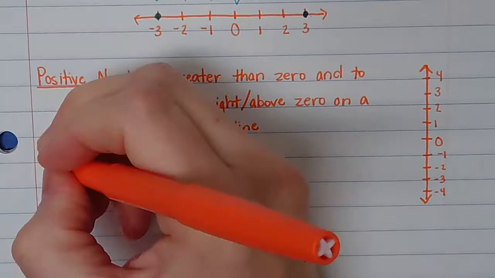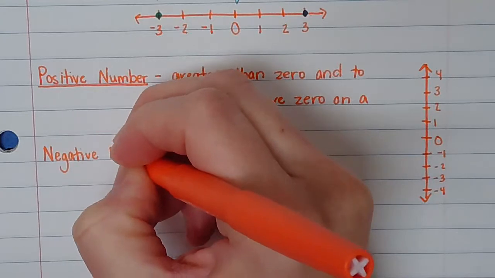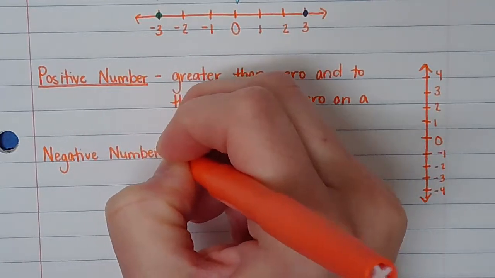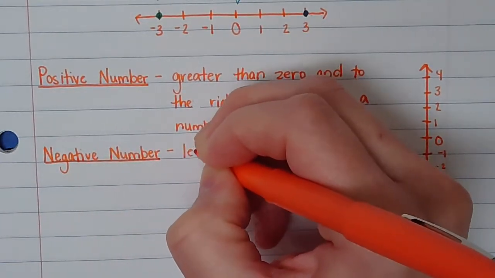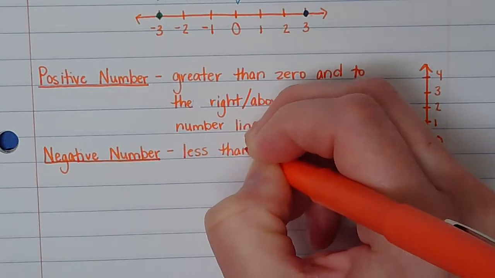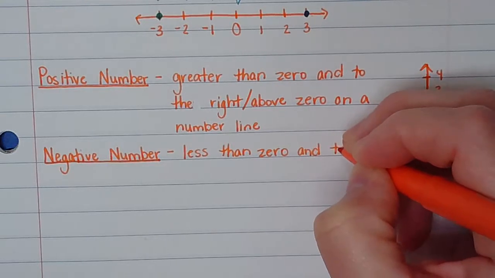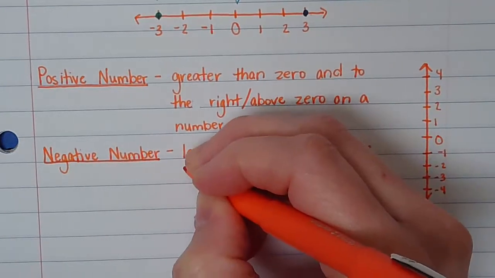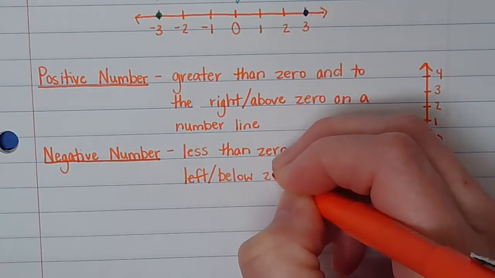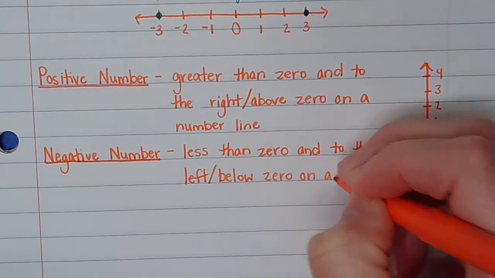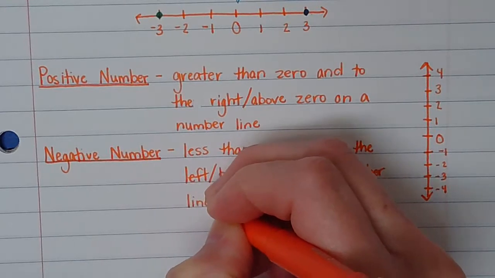So then a negative number is less than 0 and to the left slash below 0 on a number line.